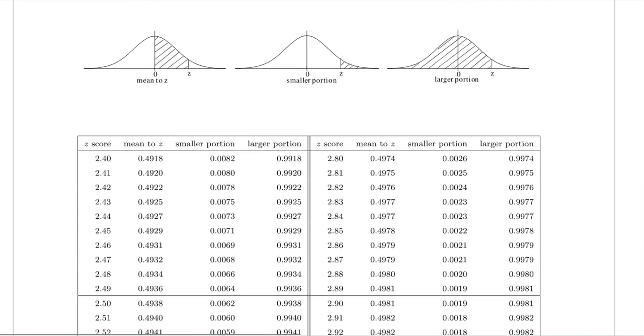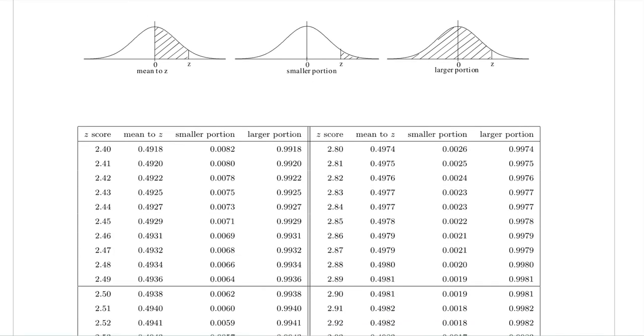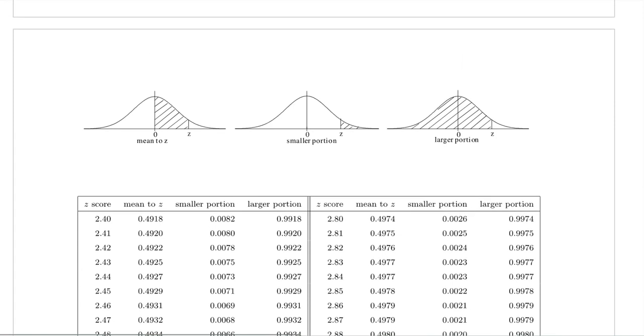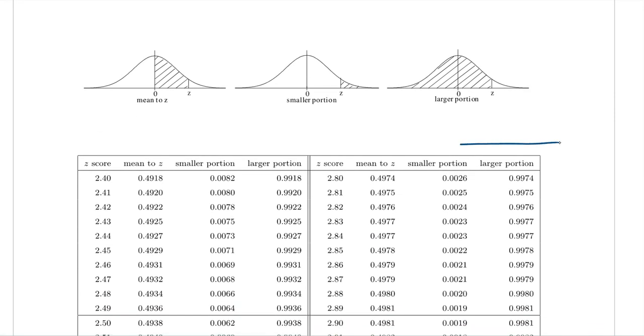So maybe I should draw it. Okay, so here's my curve, and I've got my mean in the middle, I've got a negative 0.71 there, and I've got a positive 1.41 here.